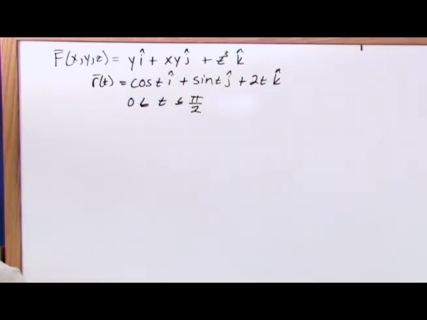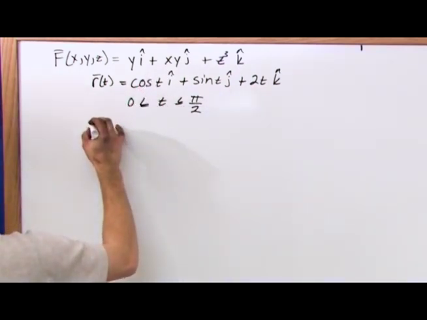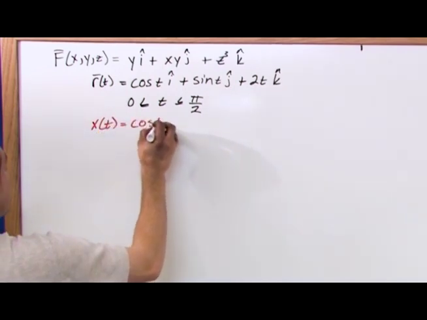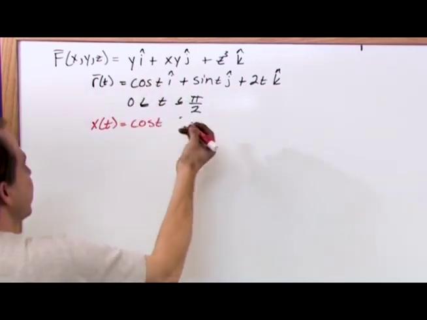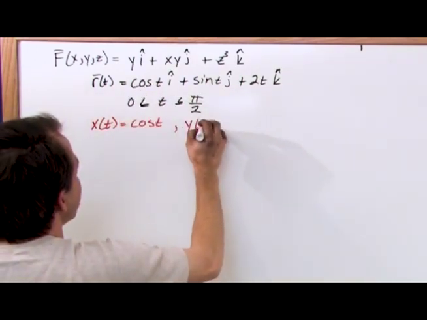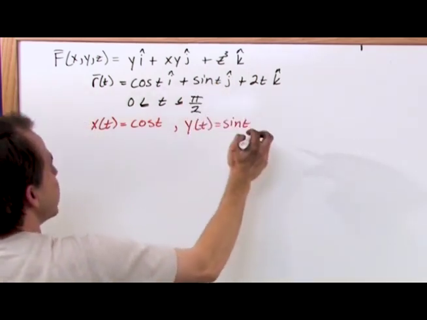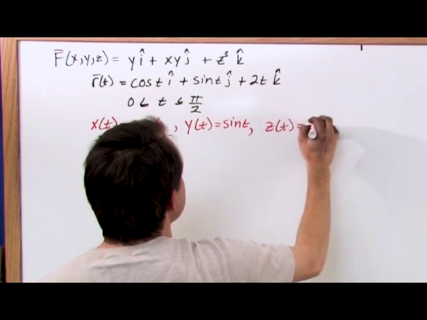And one thing that you also need to keep in mind is that x of t is cosine of t, because it's given by whatever's in front of i right here. This is just definition. y of t is just the sine of t, and z of t is simply 2t.